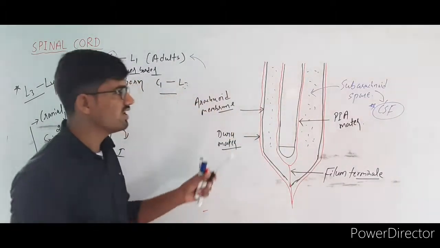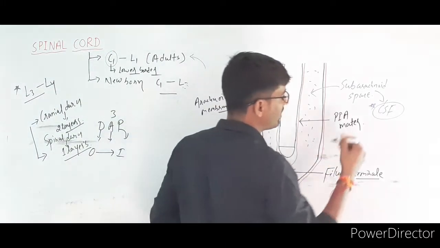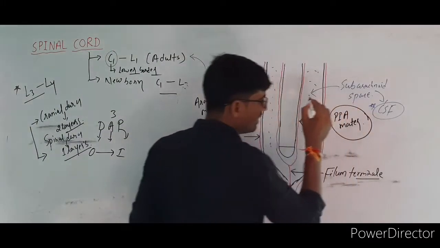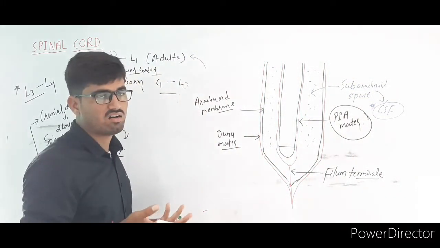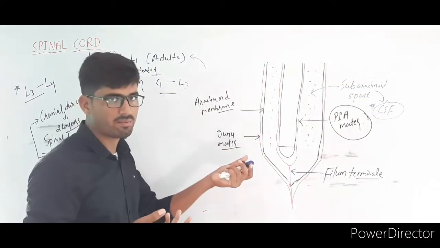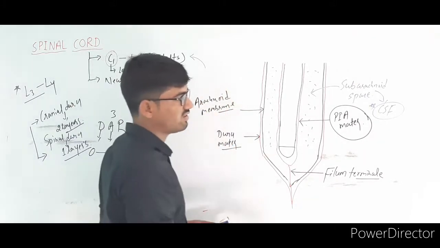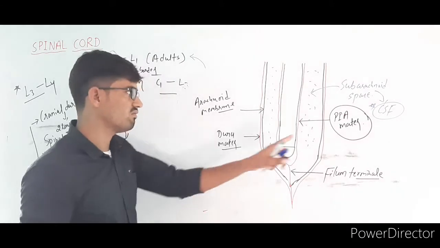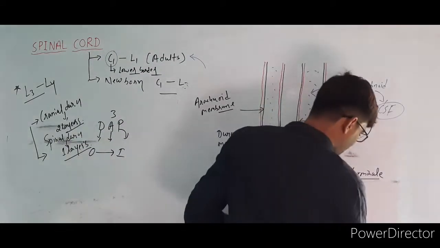That is also from this pia mater. Once I finish all this, I will write the modifications of the pia mater. So there can be an MCQ: which one of the following is a modification of the pia mater, or all of the following are modifications of the pia mater except, like that they will ask. So the filum terminale, this is the thing.